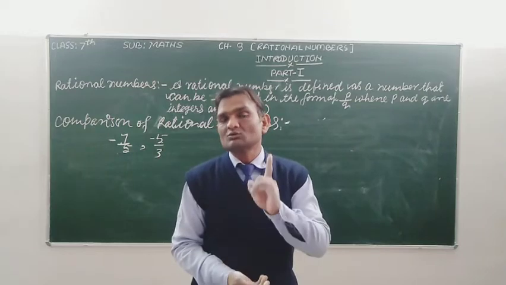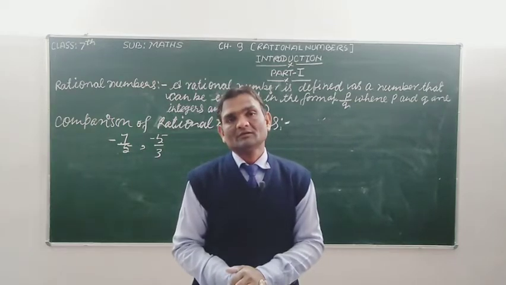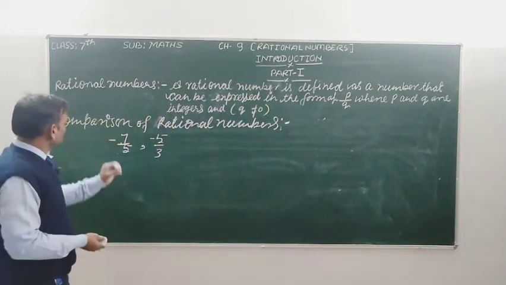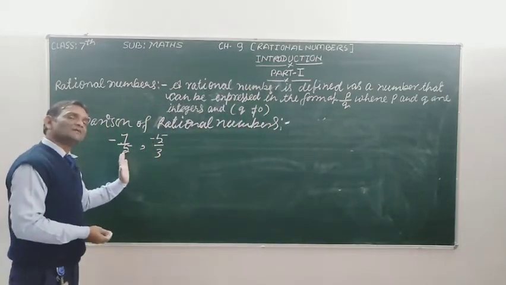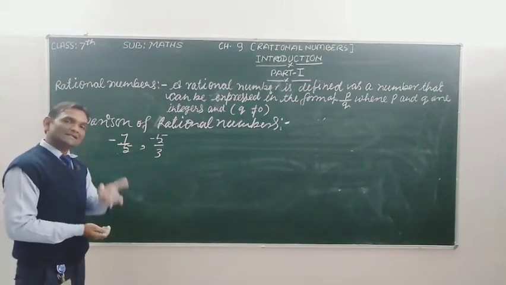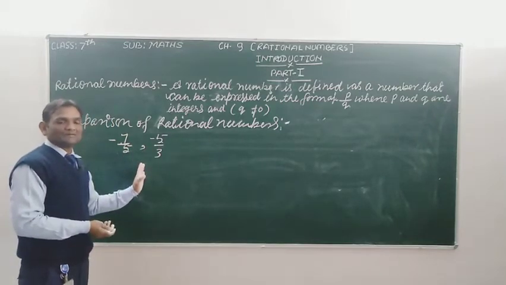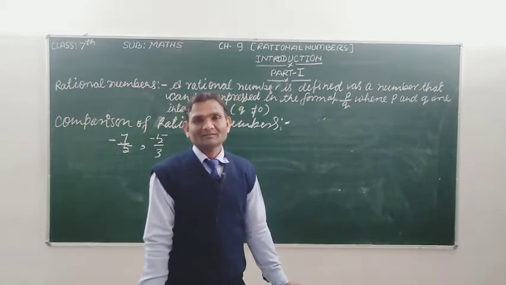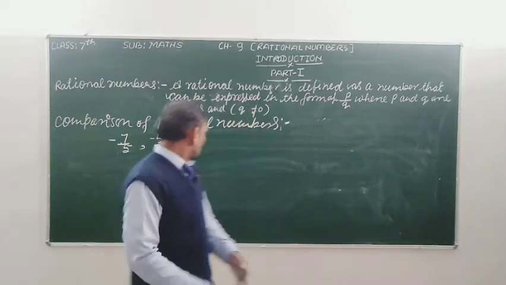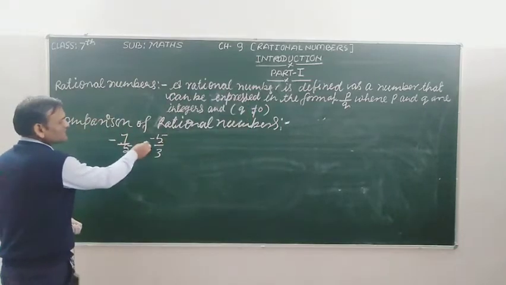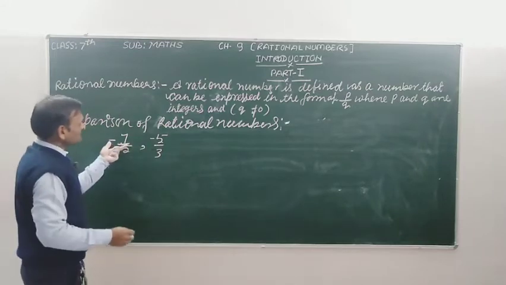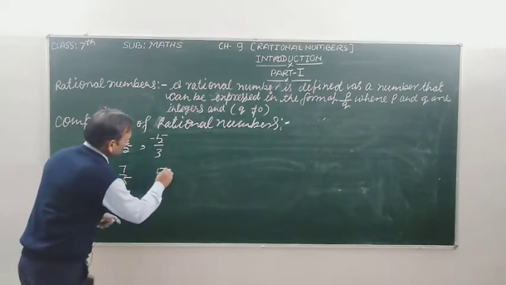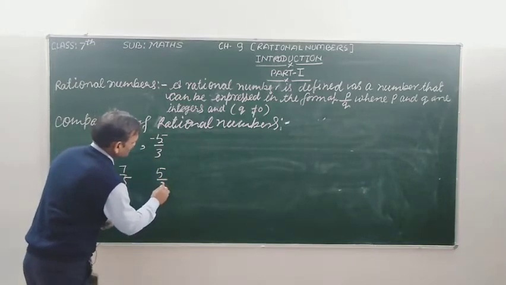It means we have to ignore the sign of the rational number, and then we compare, and at last we write the reverse order. So ignore the sign, and when you ignore the sign, you get the rational numbers 7 upon 5 and 5 upon 3.